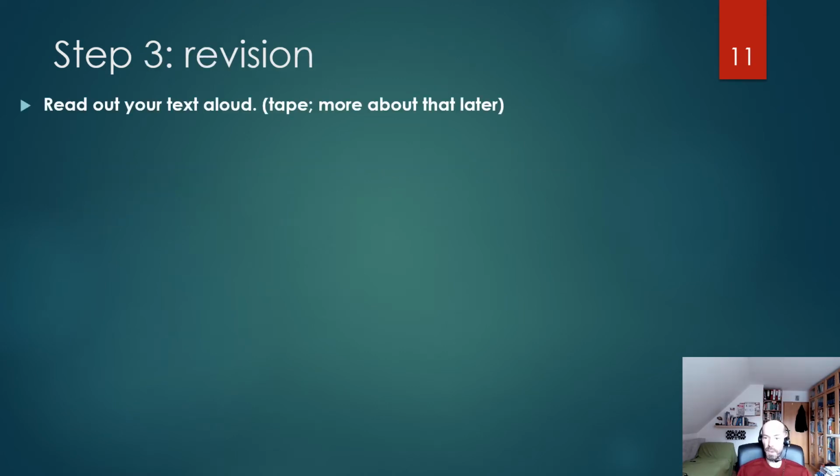So let's talk a little bit about revision. Revisions should be mainly sentence level editing if you've followed my advice about pre-writing and writing proper, because you've already got a logically organized text, at least in theory.